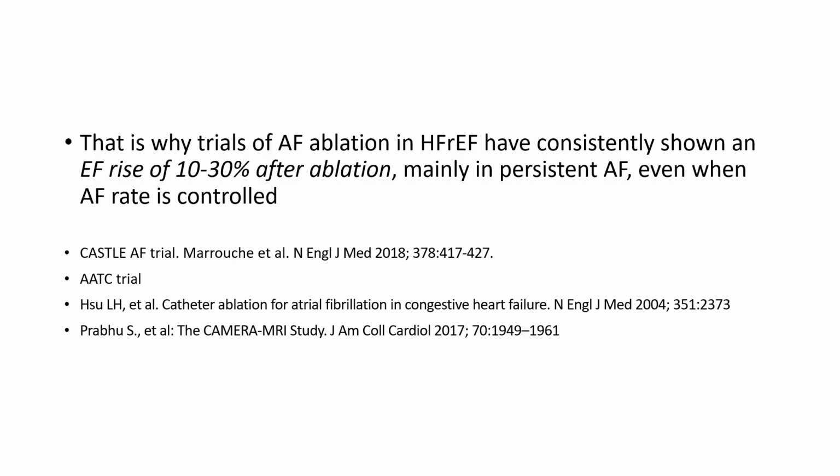The first two trials have shown an improvement in EF, but also a reduction in mortality with AFib ablation in heart failure with reduced EF. The other two trials have shown dramatic increase in EF with AFib ablation in heart failure with reduced EF.